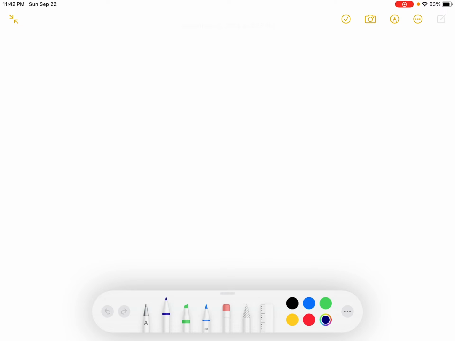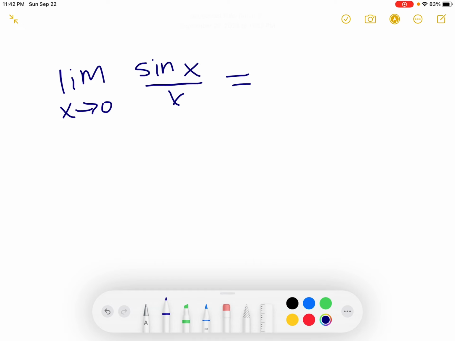So the first thing that we're going to say is this. We're going to know that this is true. For some versions of a calculus class that you may take, this isn't something that you'll just be told.